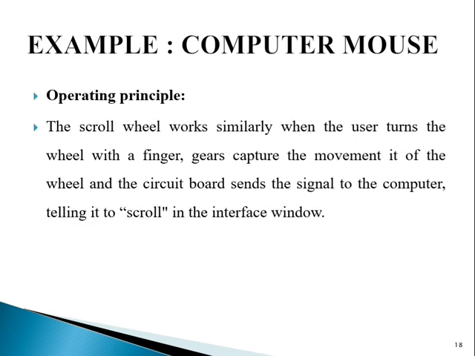And the scroll wheel works similarly: when the user turns the wheel with a finger, gears capture the movement of the wheel and the circuit board sends the signal to the computer, telling it to scroll in the interface window. So this is the operating principle. First of all, we have seen what the individual components are, and then how the whole system works. Okay, so you can write it down like this.